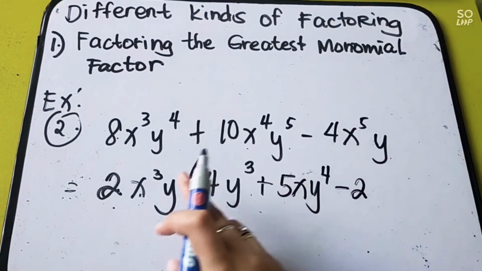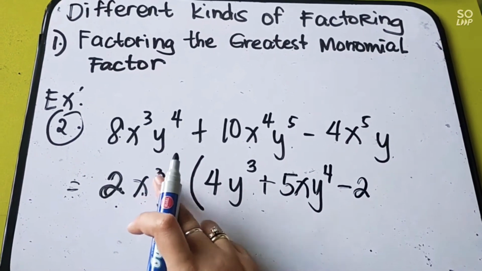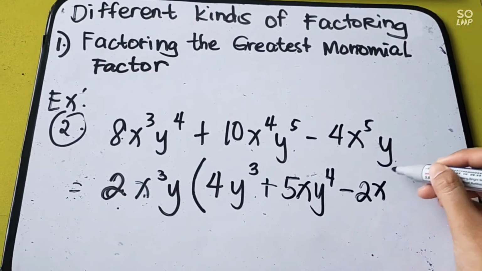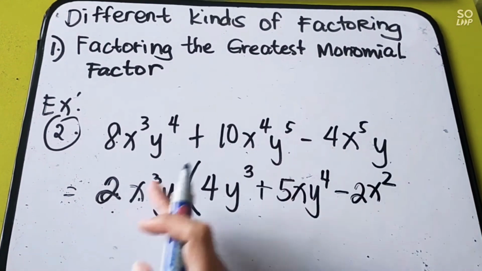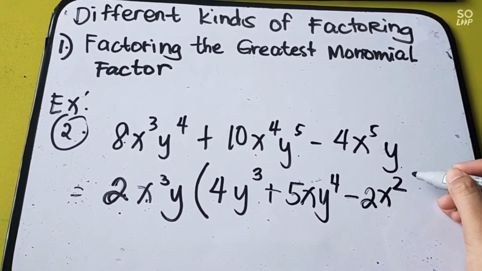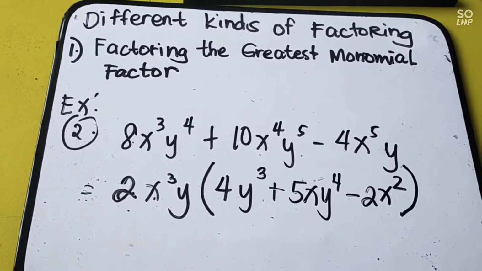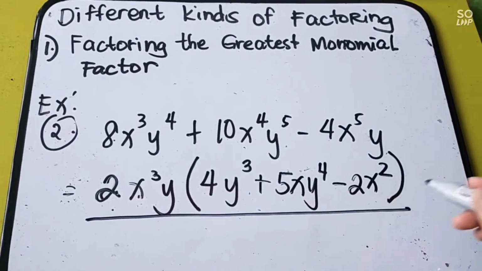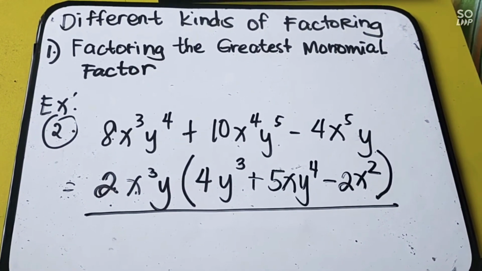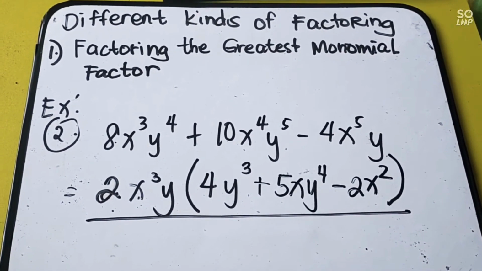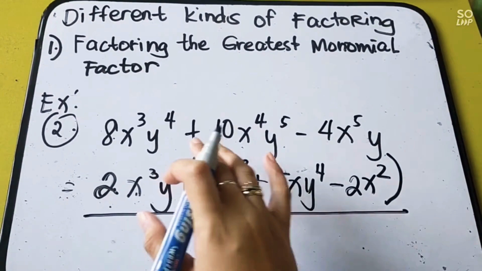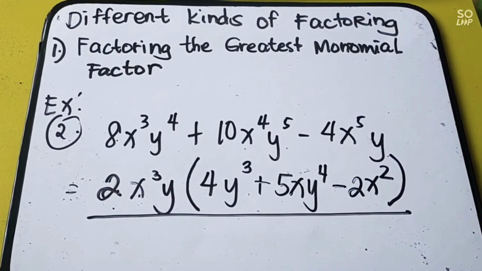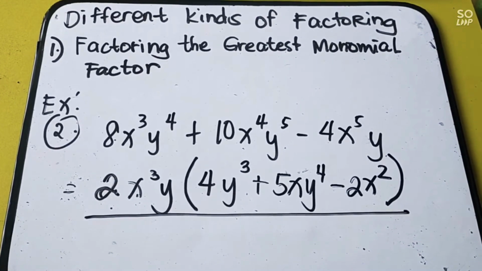Then, x raised to 5 divided by x cubed, just subtract the exponents, we have x squared. Then, y divided by y just cancels, because it becomes 1. So, that is the answer. So, these are the factors of the given polynomial. Alright, let us have another one.